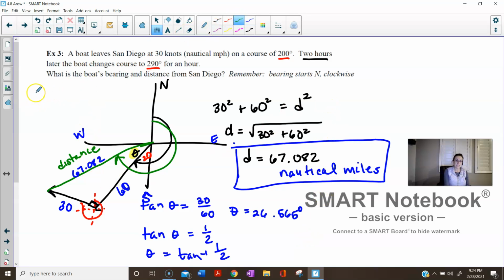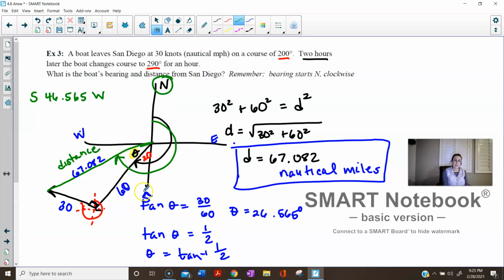You could say the bearing starts south, and it's going to travel this 20 plus theta. So if you just added 20 to it, you get 46.565 traveling west.